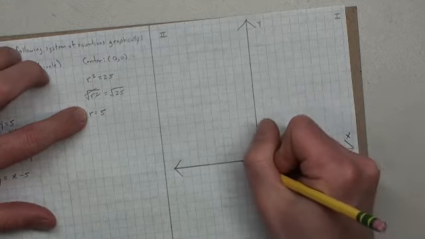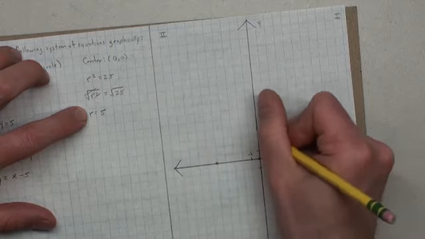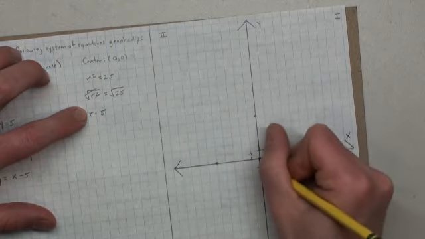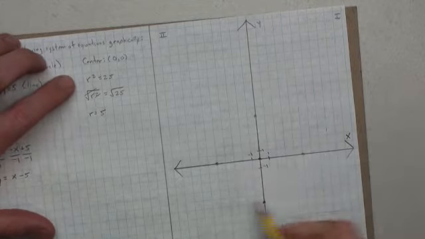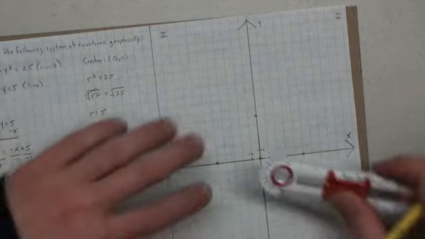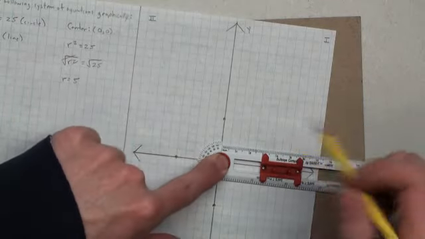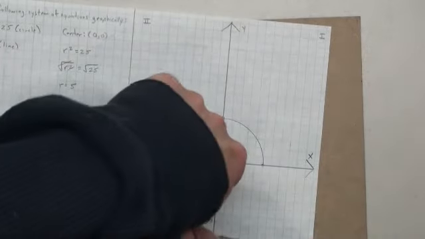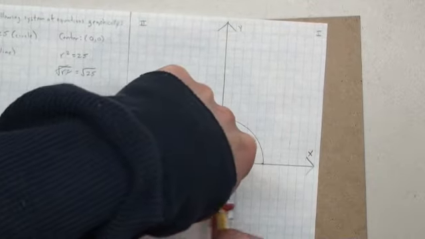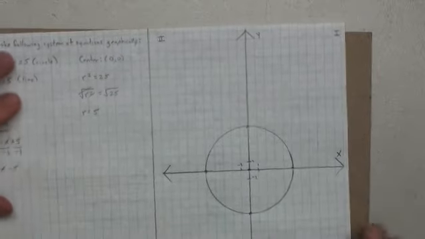That means it goes also to the left 5, up 5, down 5. Now I can try and draw a circle by hand with those 4 points, or I could just take my compass and quickly do it using my compass. And it draws a much nicer circle.